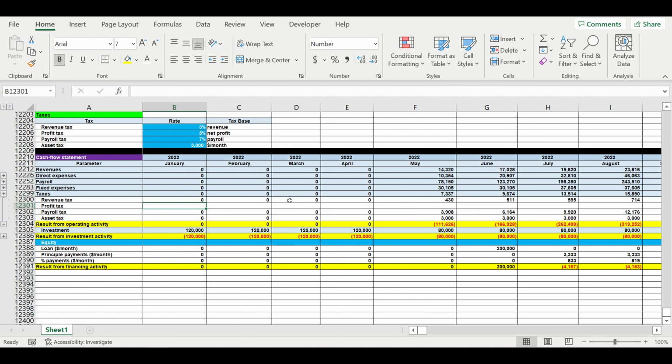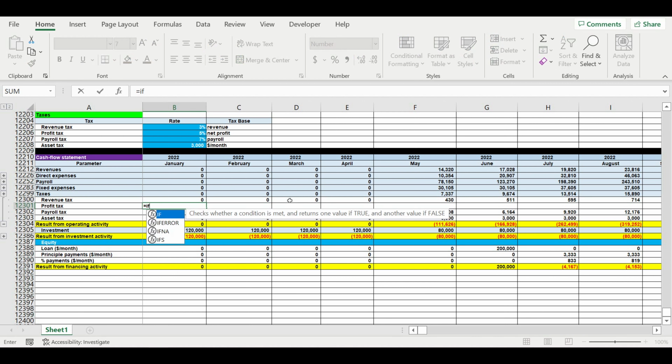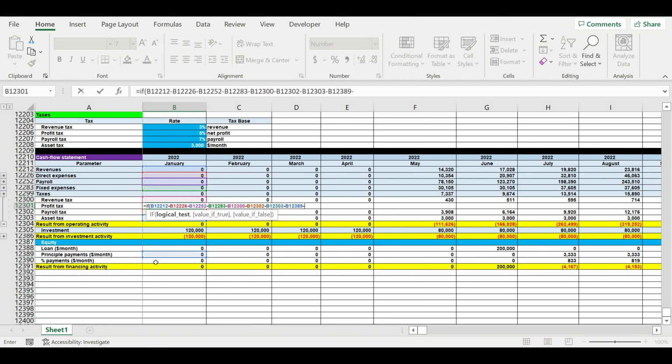Now we'll calculate the profit tax. If this one minus this minus this minus this minus this minus payroll minus asset minus principal minus this is less than 0, then we pay nothing.